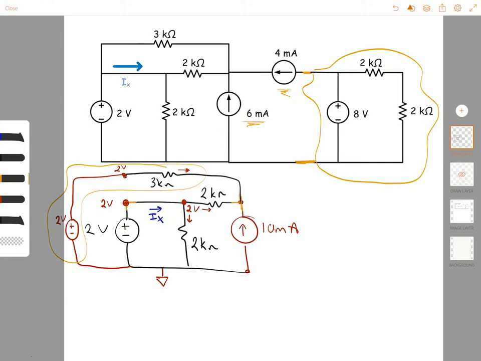So if I do a source conversion for those, what do I get? I get a current supply with a parallel resistor. So what is the current supply value for this combination?